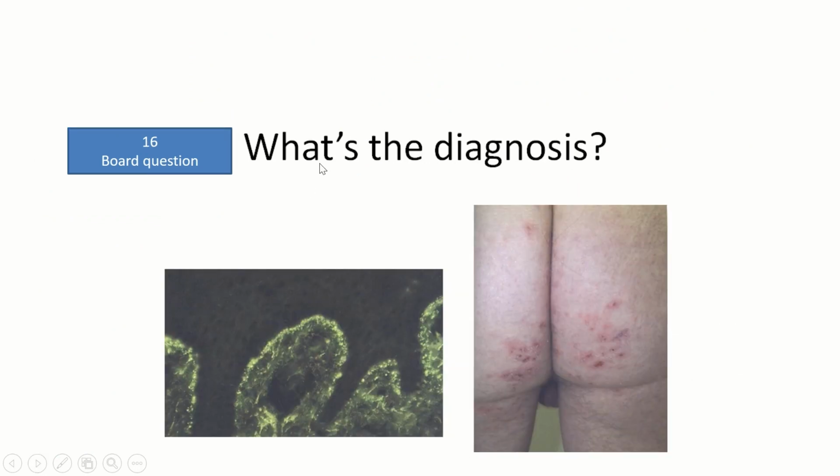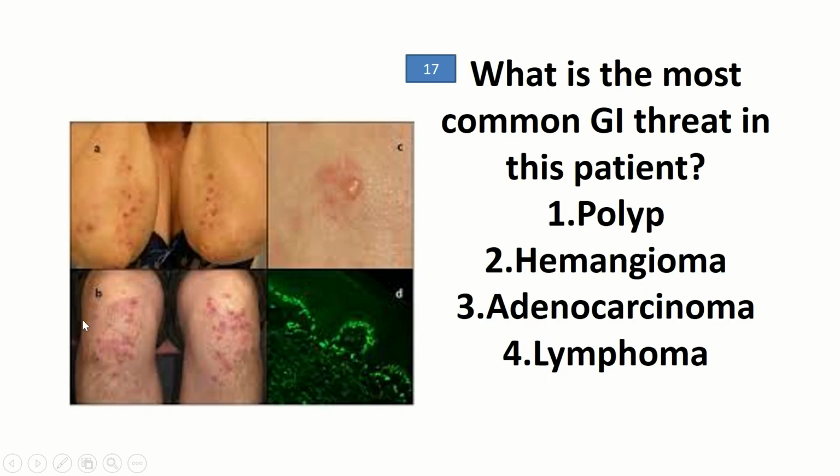Here you see another case. Some vesicular and papular eruption on the buttock, granular deposition. So it is compatible with the diagnosis of dermatitis herpetiformis. And you see here another case of dermatitis herpetiformis, vesicles and papules on knee and elbow, and here subepidermal granular deposition.